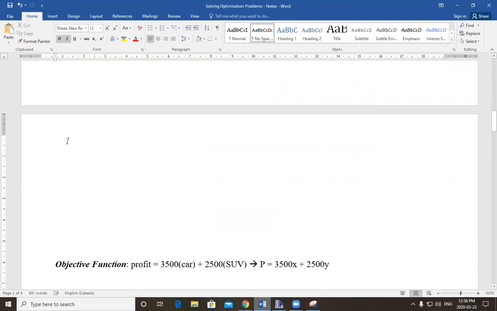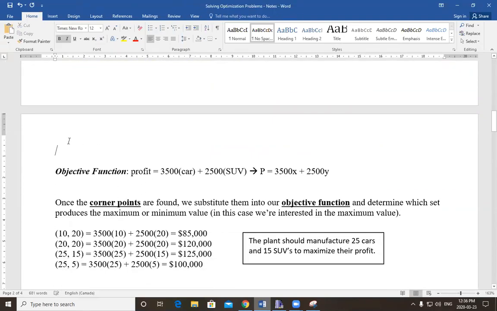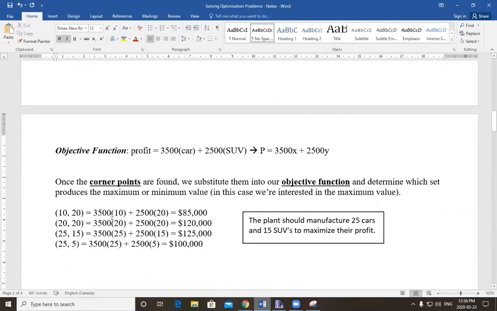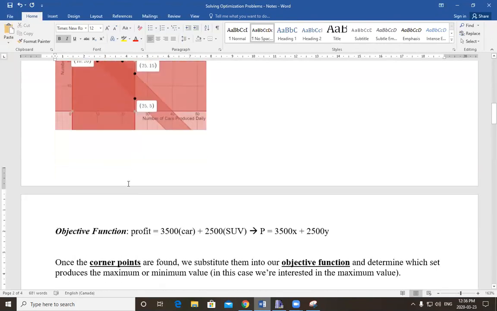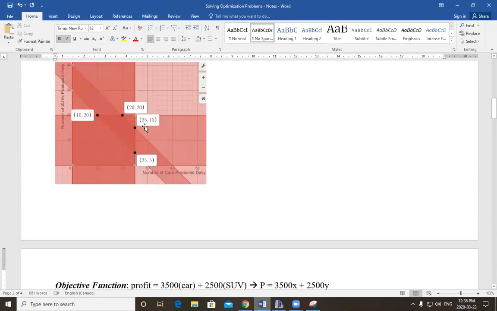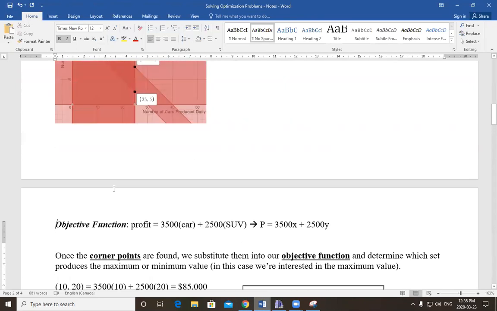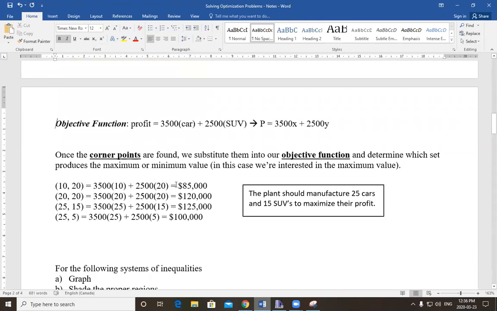So here we have the objective function stated, and you notice that we've got (10, 20), there's the first point. We've got (20, 20), (25, 15), and (25, 5). So what we simply do is we take the x value, plug it in, times it by 3500, take the y value, plug it in, times it by 2500, and add them. So we're going to do all 4 objective functions.